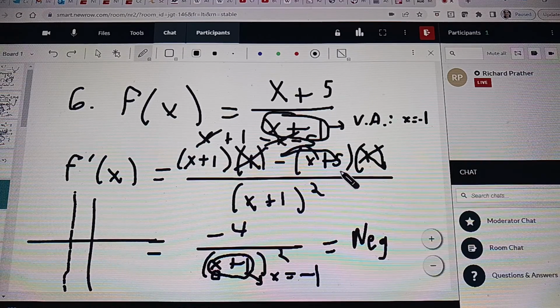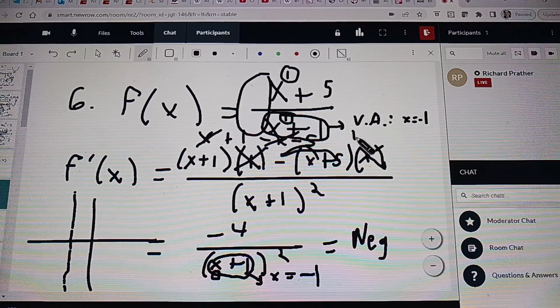And then remember the horizontal asymptote, the 3 cases. If the degree of the top is the same as the degree of the bottom, then you get y equals the 2 leading coefficients divided by each other. If the bottom has a bigger degree, it's y equals 0. If the top is bigger, there is none. But if they're equal in degree, then you get y equals the ratio of the 2 leading coefficients, which would be 1 here literally.